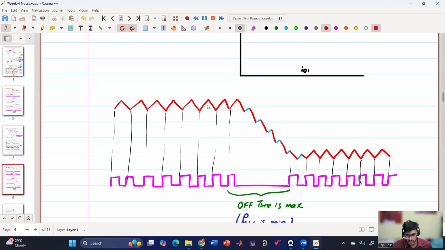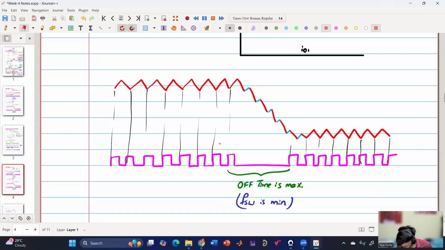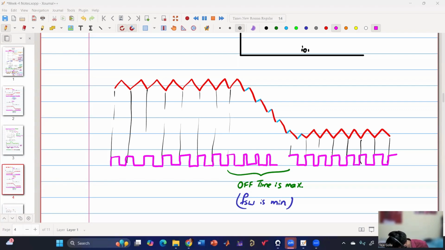So it is coming something like this. So if we draw the gate pulse, it will be like off, then small on, off, small on, off, then minimum on, off, minimum on.